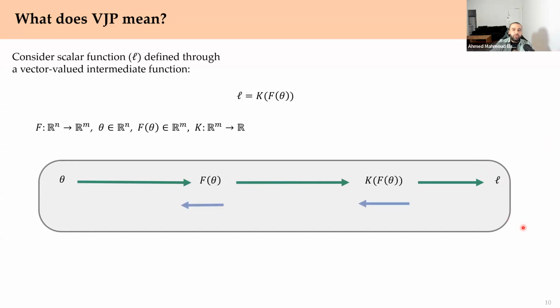With the chain rule, we start from the right with dl by dk, which is basically the loss with respect to itself. So it is usually just 1. And then we take one step backward, which gives us dl by df. That is the seed that we started with here, multiplied by the Jacobian of k.